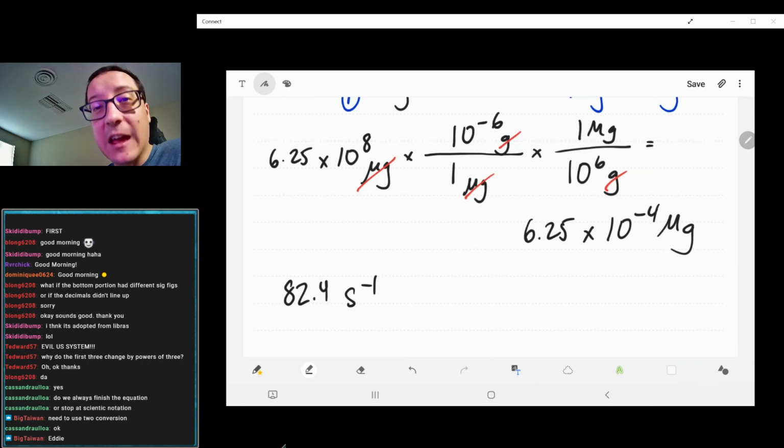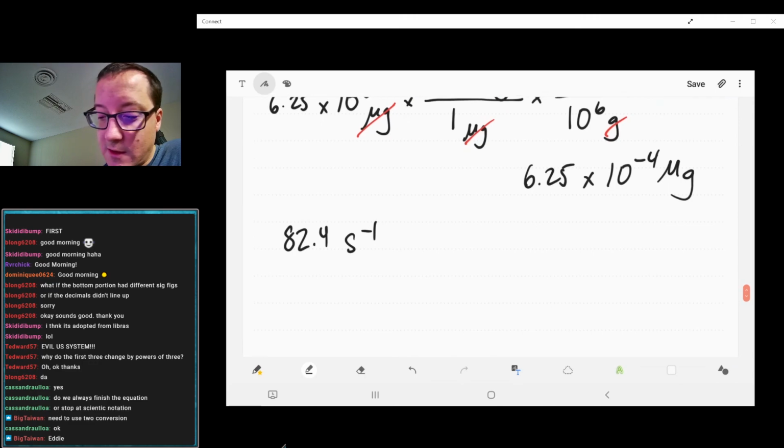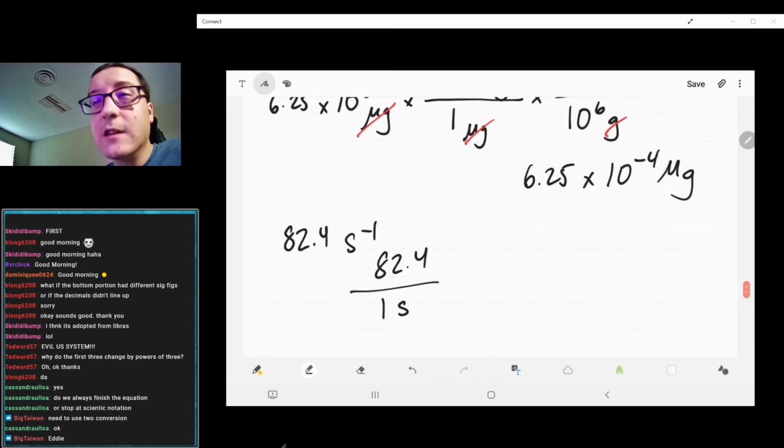It's per second, where we have seconds to the negative 1 power. That means it's over seconds. We have 82.4, whatever it is, per second. This is something that would be like beats per minute or revolutions per minute if you're looking at something like that. So this is whatever per second. So 82.4 things are happening every second, whatever this is.